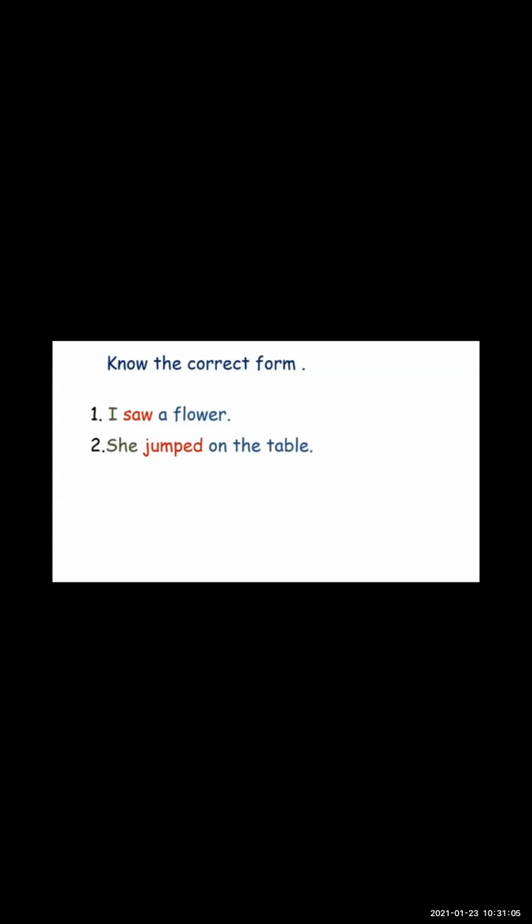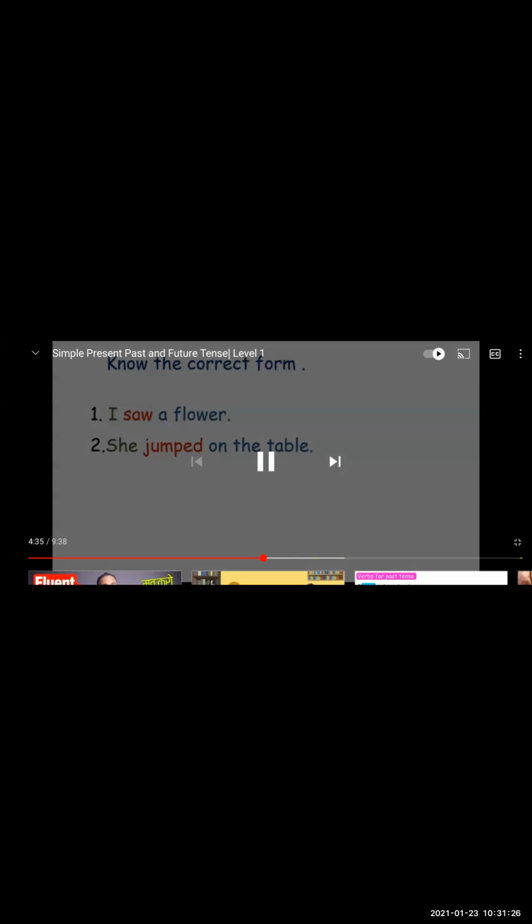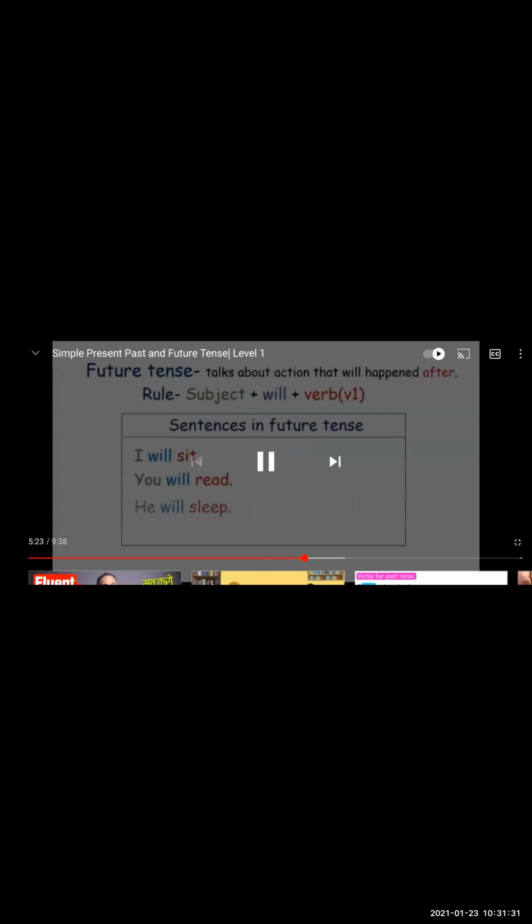The sentence would not be correct if the word was only "jump", because you're trying to talk about an action which is already over. The word "jump" is the base form of the verb, which is in present tense. It is also a regular verb. So when you add ed to the word "jump", it becomes "jumped". So: she jumped.